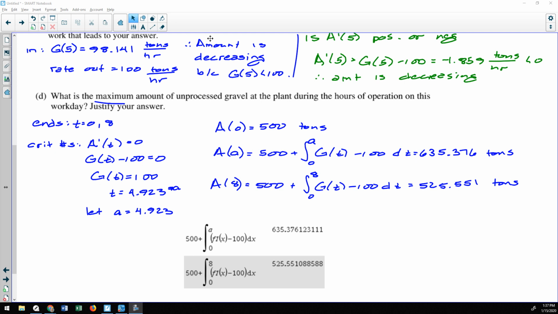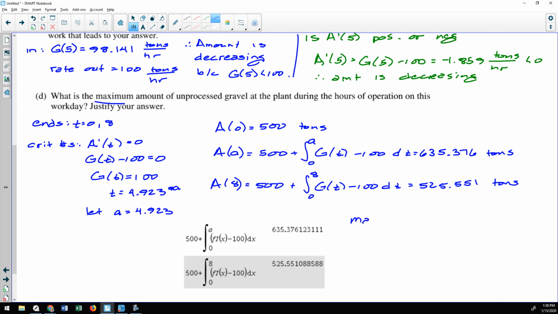And here are your amounts, and it turns out that the maximum amount is 635.376 tons. Always make sure you answer the question because they frequently ask you at what time the maximum occurs. This time they actually want the maximum amount, so the time occurring at 4.923 is really not part of the answer.